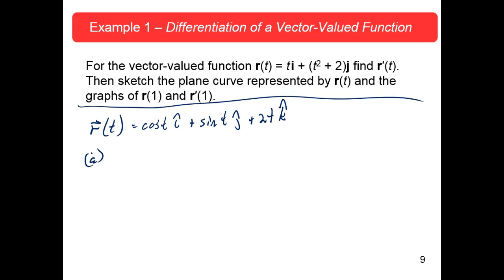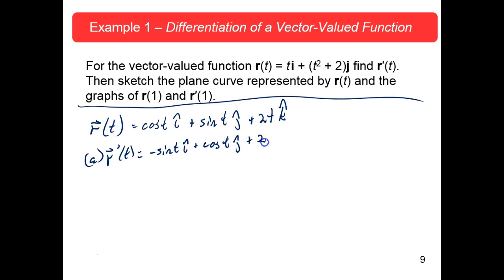A. What is r prime of t? Not too bad. What would that be? Anybody? Negative sine t i. Next, plus cosine t j. You need signs in between, remember that.